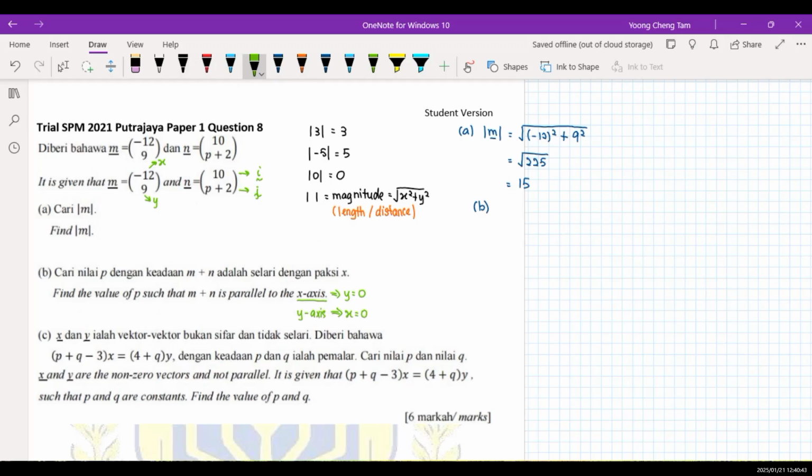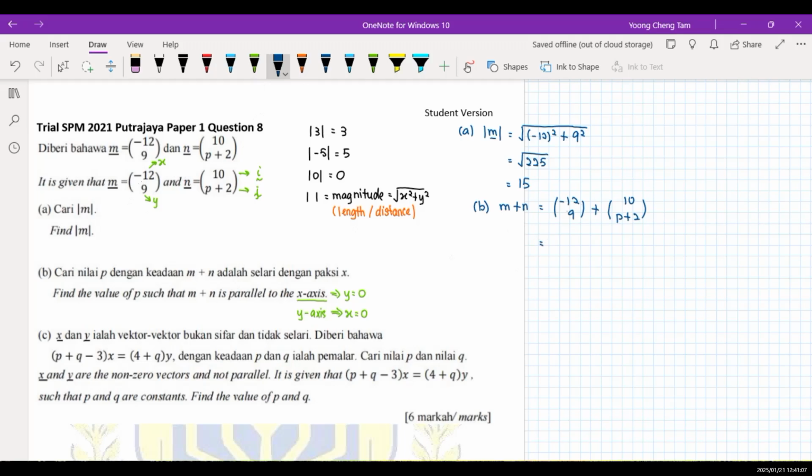Now let's find the vector m plus n first. Substitute: m is (-12, 9), and then plus n, which is (10, p plus 2).